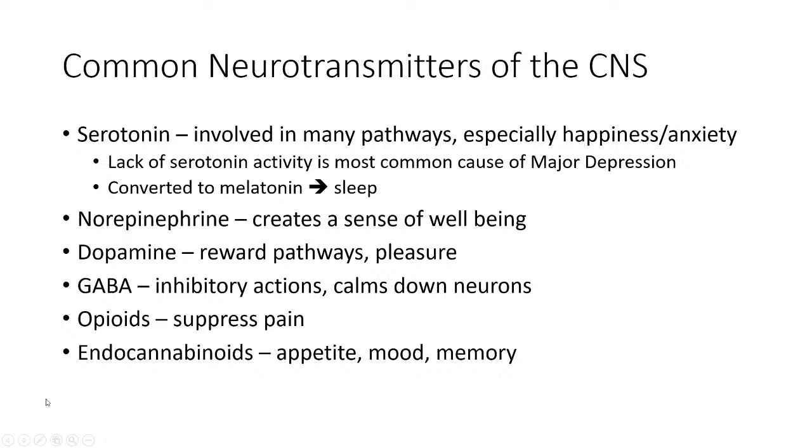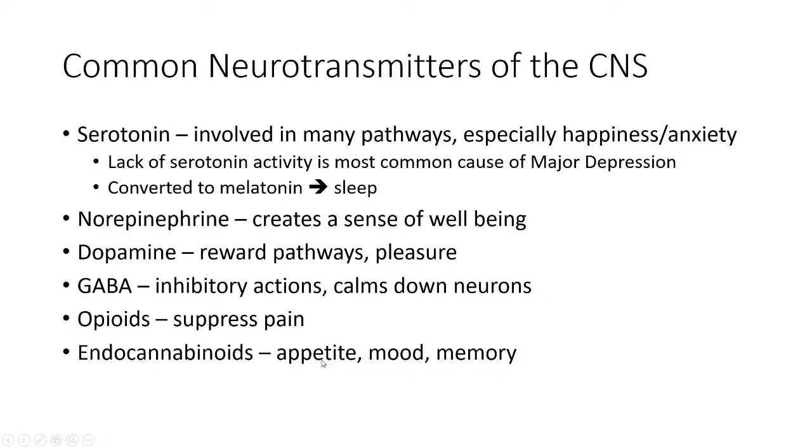Then lastly, we have the endocannabinoids, and as you might have guessed from this name, these are cannabinoid substances that are produced endogenously in the brain. And that's why cannabinoids, THC, and possibly CBD have an effect in the brain. The research really isn't done on CBD yet.